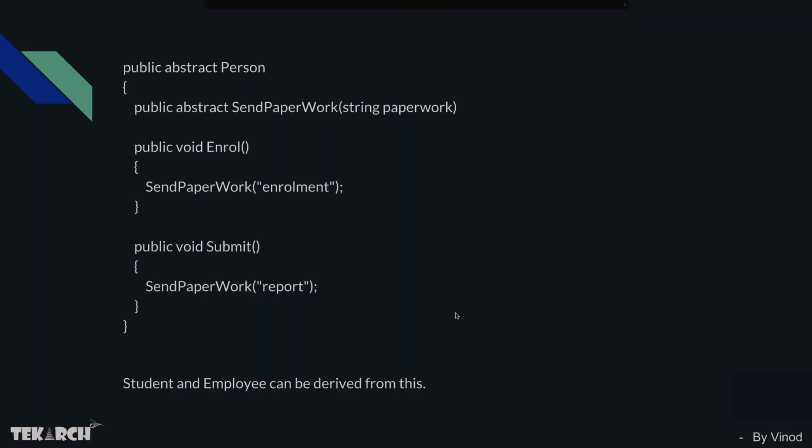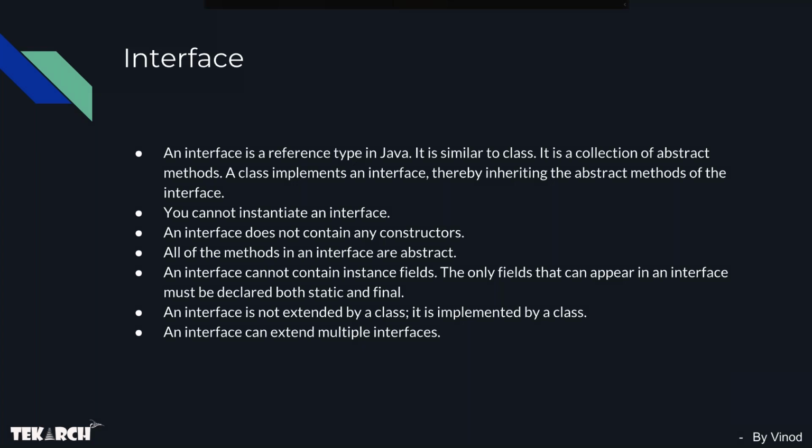So interface is a reference type in Java. It is similar to a class, and it just has abstract methods inside it. Just like an abstract class, you cannot create an instance of an interface.